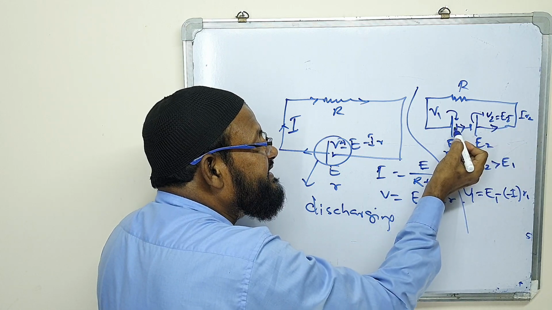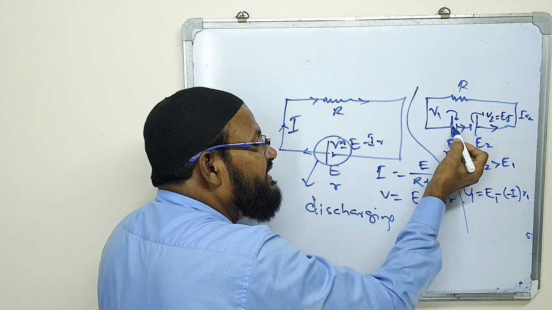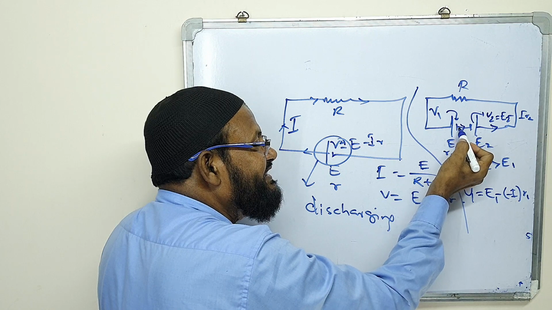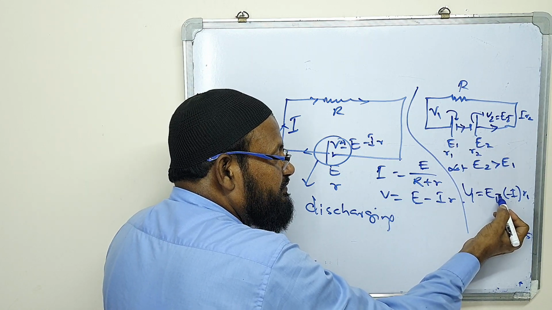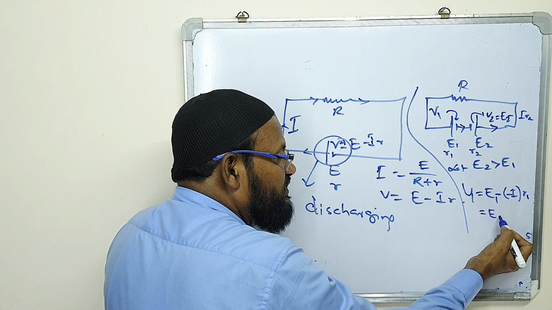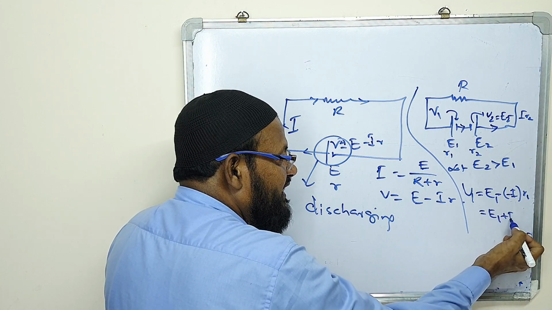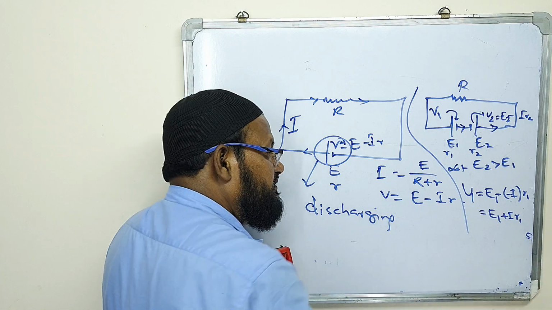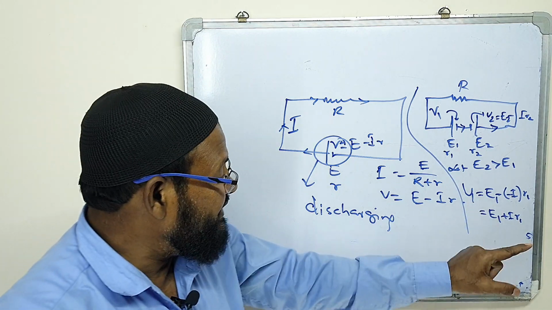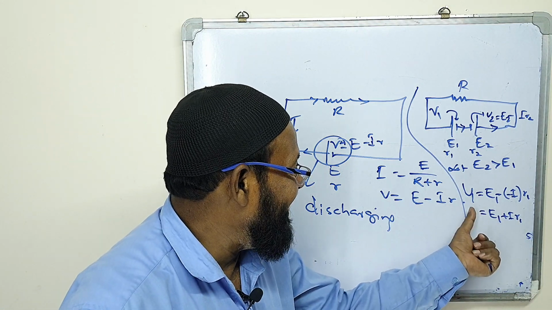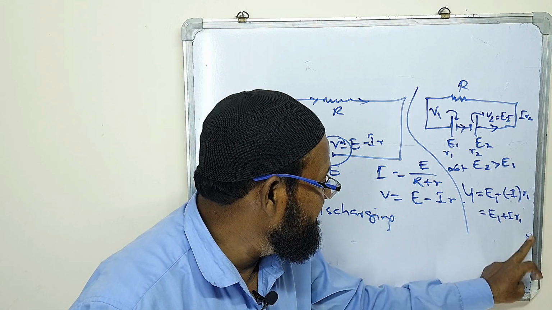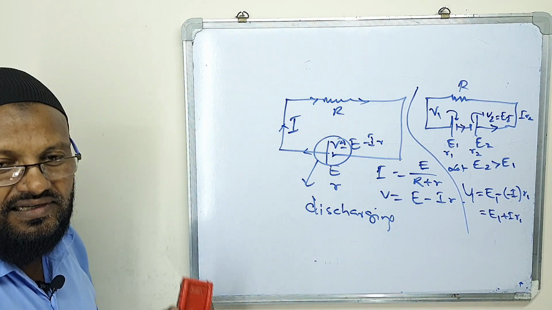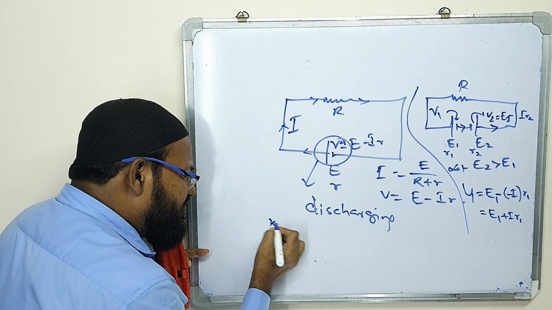But when it moves inside the battery from positive to negative, it is taken as negative current. So V1 equal to E1 plus IR1. During charging, what is the formula? V1 equal to E1 plus IR1.